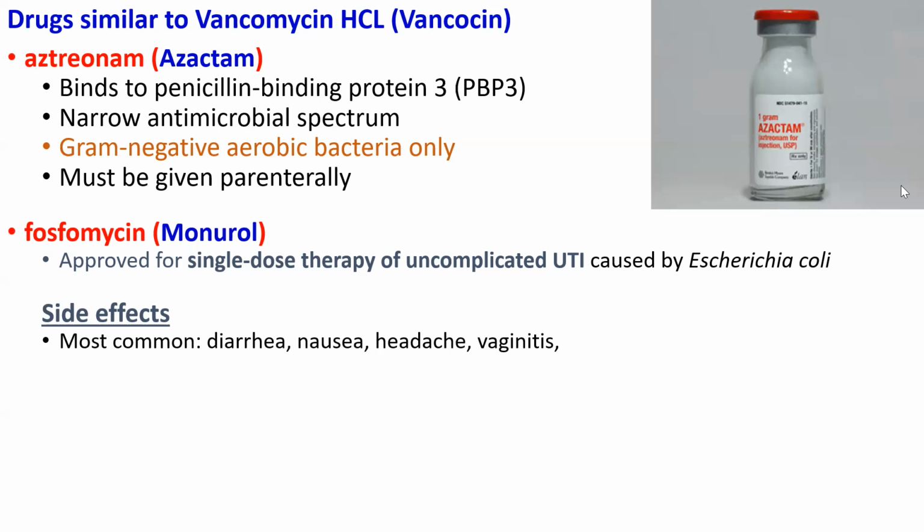So again, it is available as an intravenous drug for treatment of systemic infections and as an inhaled form for prevention of pulmonary exacerbations in patients with cystic fibrosis, usually children, who are commonly colonized with P. aeruginosa.